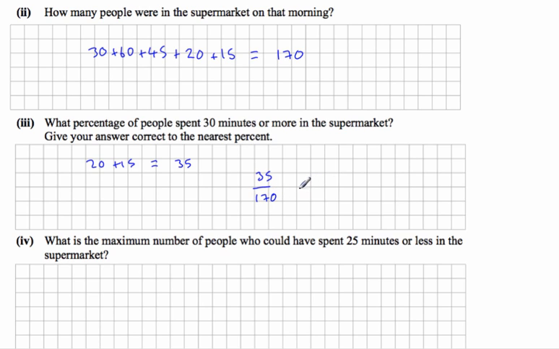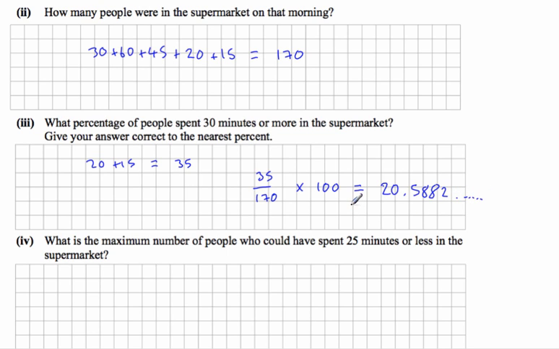To express that as a percentage, we times by 100. So you can do that in your calculators. 35 over 170 and multiply that by 100. And the answer we get is 20.5882, and so on it goes.